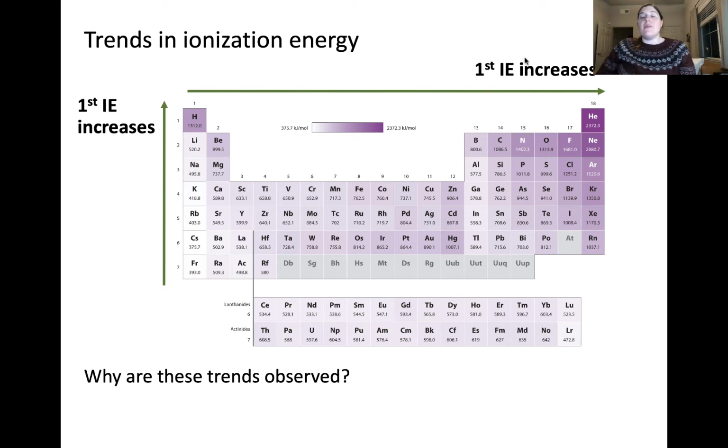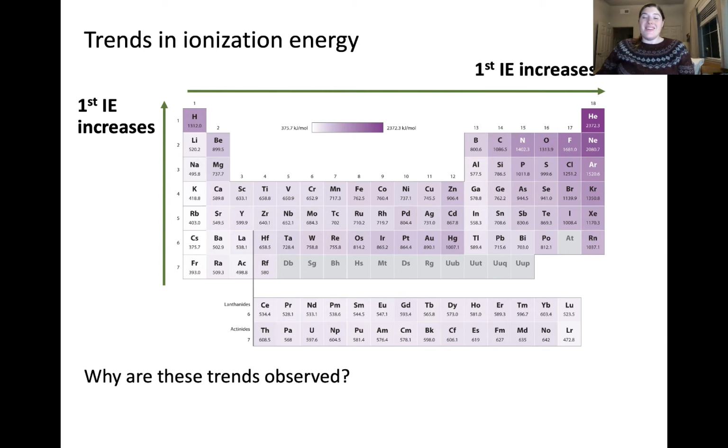Let's first talk about why the first ionization energy increases moving from the left to the right. What we observe is that as we move from left to right across a particular row of the periodic table, we know from the previous video that the effective nuclear charge increases.